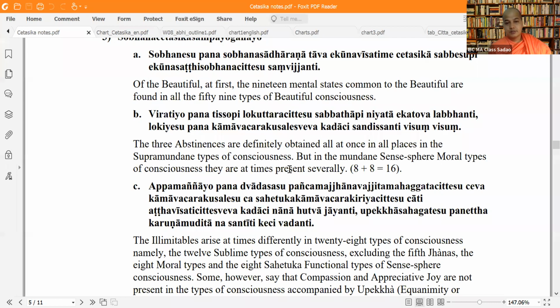So sometimes they are present, sometimes they are absent in the chittas belonging to the mundane sense sphere moral category, Kamavachara kusala chitta. But in the case of supramundane consciousness, they are present.